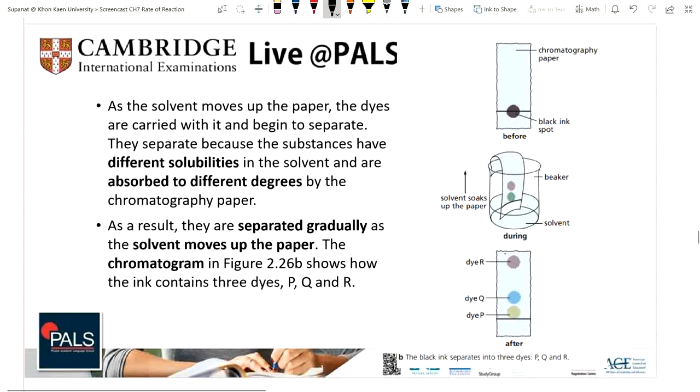As the solvent moves up the paper, the dyes are carried with it and begin to separate. They separate because the substances have different solubility in the solvent and are absorbed to different degrees by the chromatography paper.